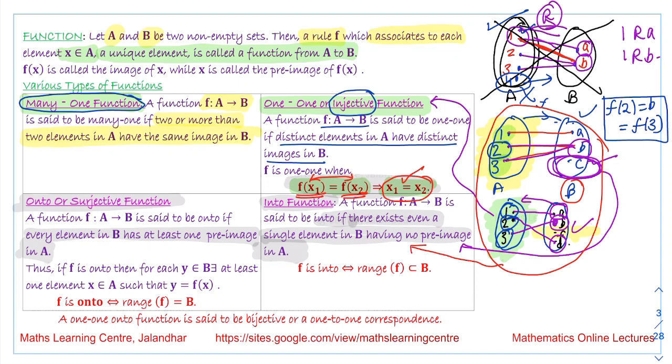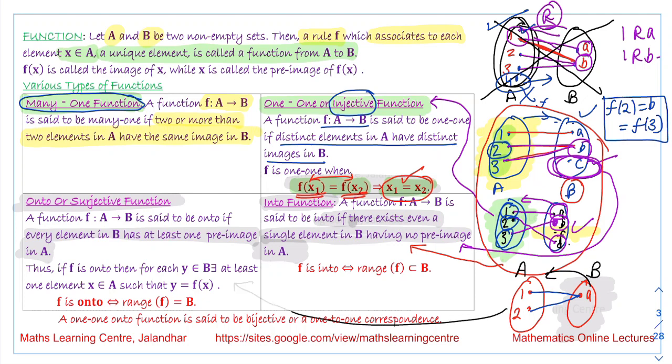And now we are talking about the surjective function. Surjective function means we have the elements 1, 2 over here, and over here we have the element a. So this 1 is mapped to a, this 2 is mapped to a. Every element in B has a pre-image in A. So this kind of function is an onto function.